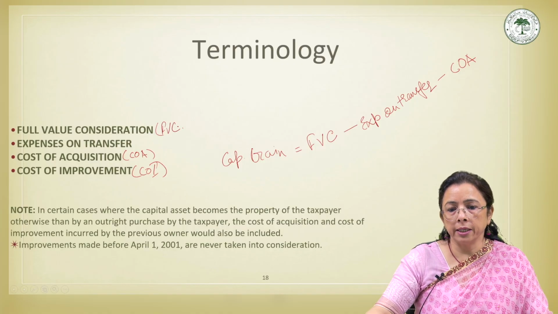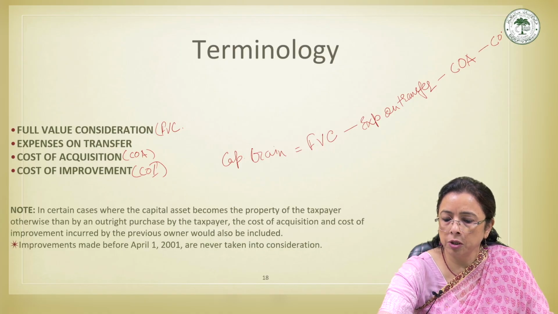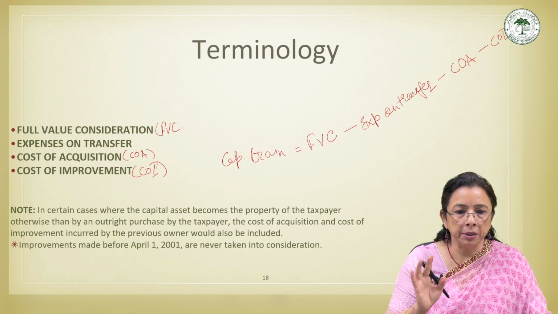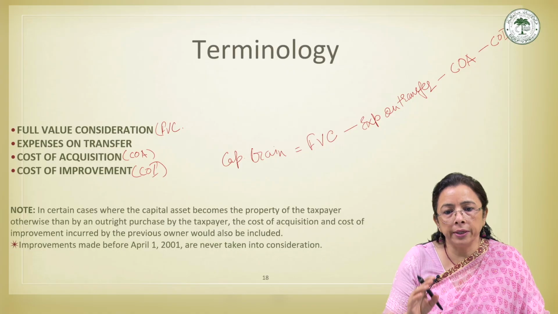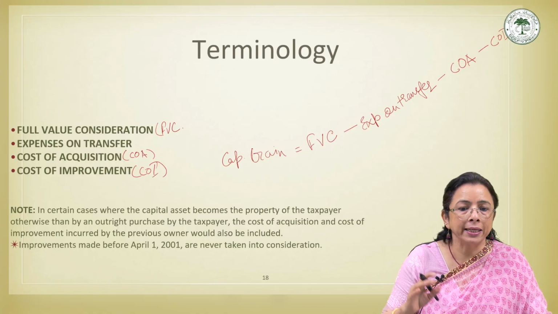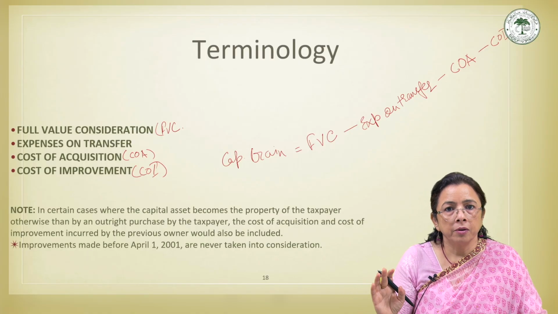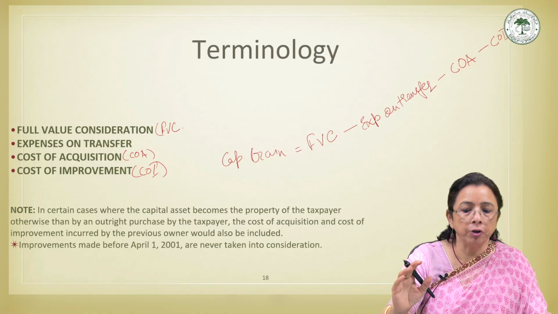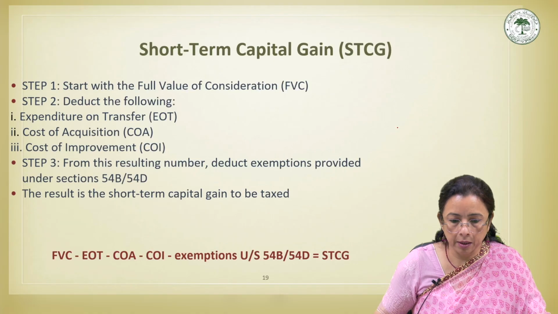So we also deduct cost of acquisition and also COI, cost of improvement, and we get the capital gain. So each component ensures that only the real economic gain is taxed after deducting the genuine cost incurred in acquiring or improving the asset. Okay. So this is about the terminology and the basic formula for computing the capital gain.